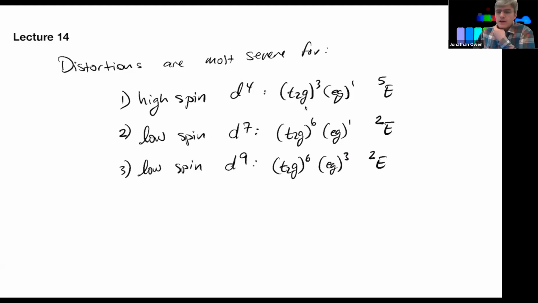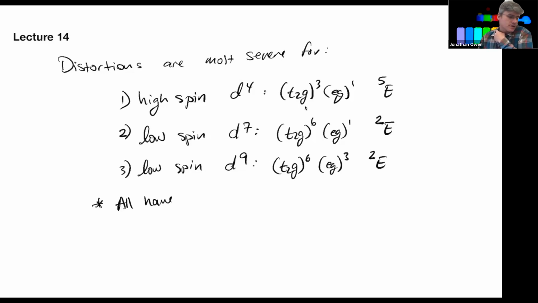So what do these all have in common? Like degenerate upper levels? They have degeneracies, that's true, but I should say, all of these systems have an electron in an antibonding level.